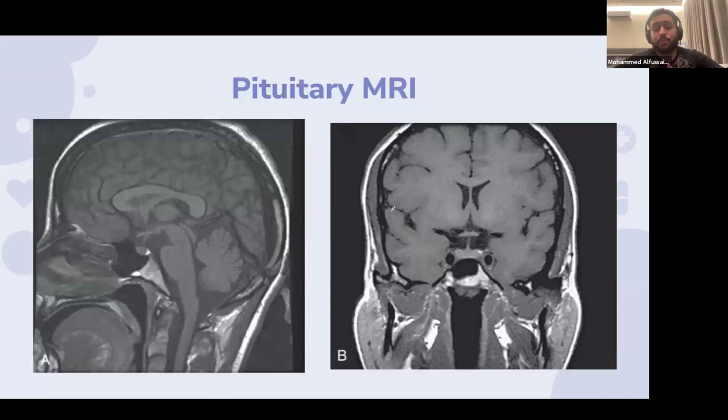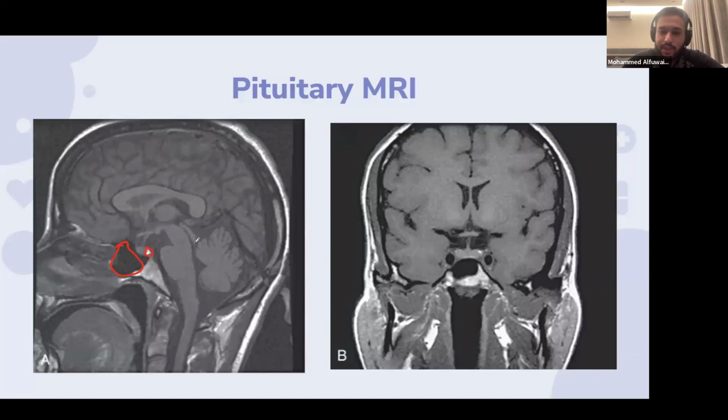The most important imaging modality for the pituitary gland is an MRI, similar to why we use brain MRI: it's the best to visualize neural structures. Here you can see the sphenoid sinus, and over here is the pituitary. This is the anterior, and this over here is posterior. Notice how the posterior pituitary is very bright. Why is it bright?